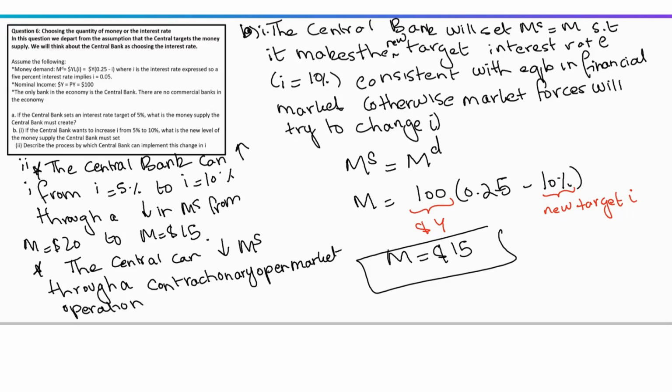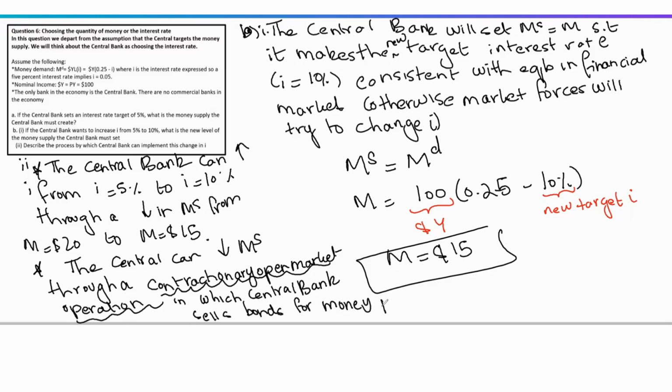And we know open market operation is the buying and selling of bonds by the central bank for money. Through a contractionary open market operation, the central bank sells bonds for money, thus withdrawing money from circulation and reducing the money supply.